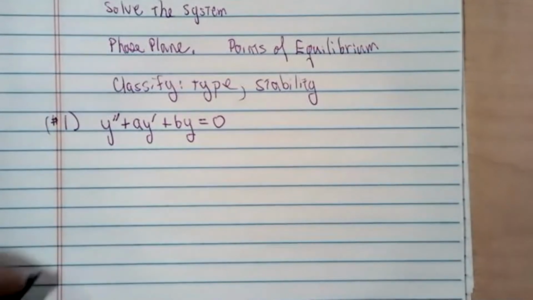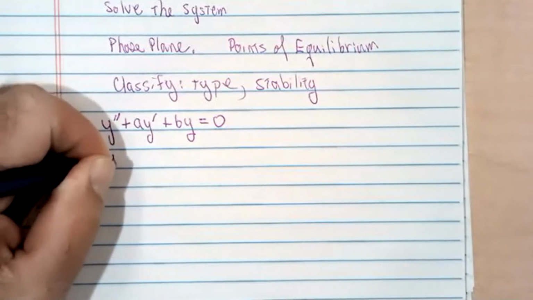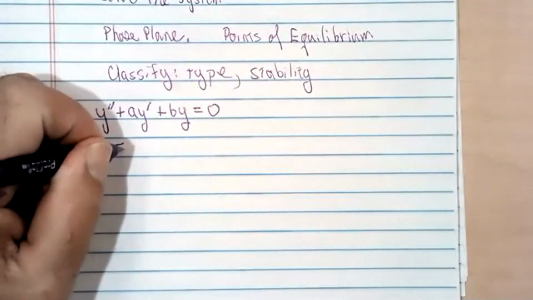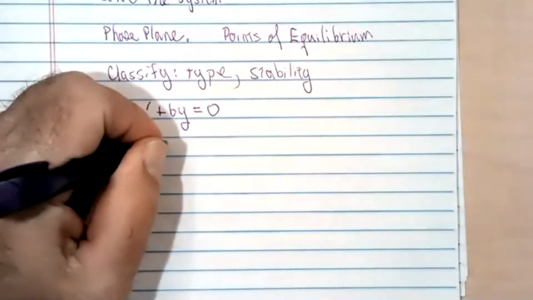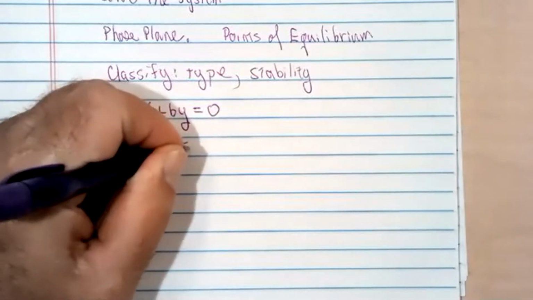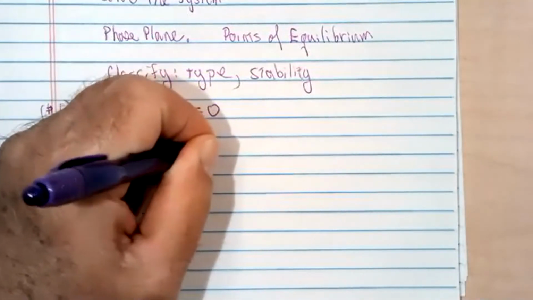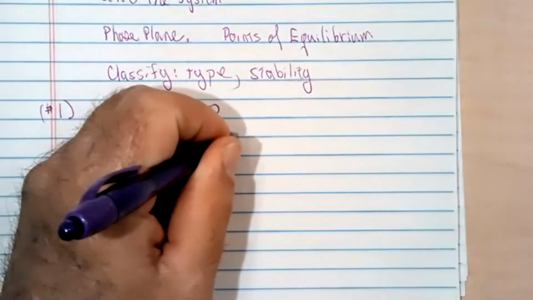It turns out that you do this with a really simple change of variables. We're going to have two variables, y1 and y2. y1 is nothing other than y. y2 is the first derivative of y, which of course is also the first derivative of y1.